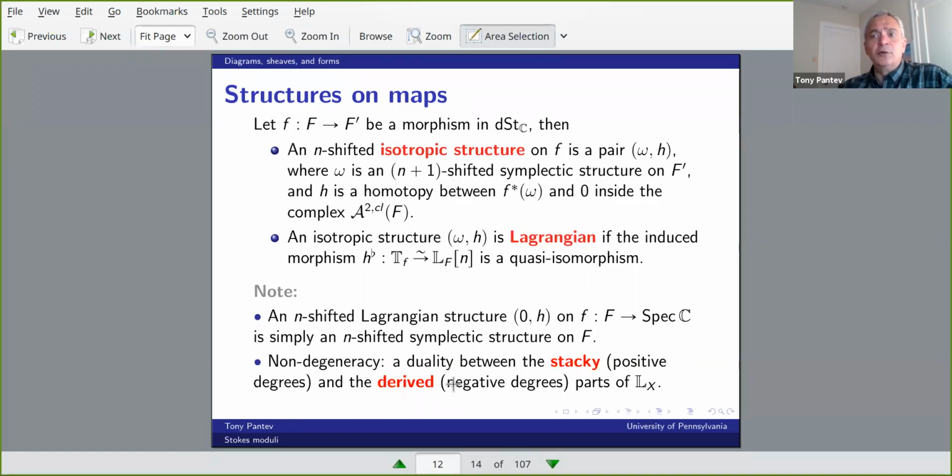There's still a finite homological amplitude, but the terms could be vector bundles of infinite rank, and somehow the theory works because there is a completion there. But I'm not going to talk about this situation. I'm just going to assume local finite presentation.